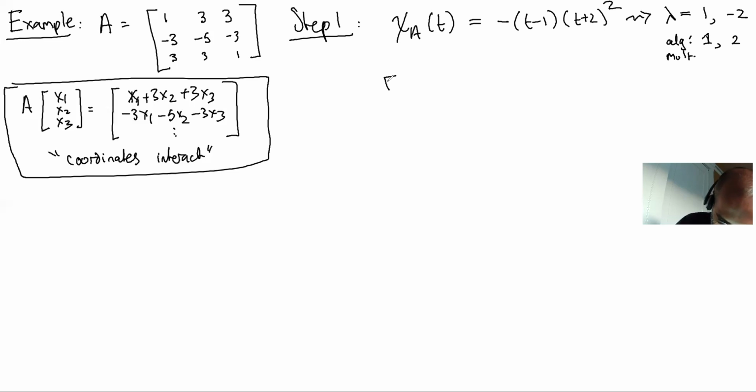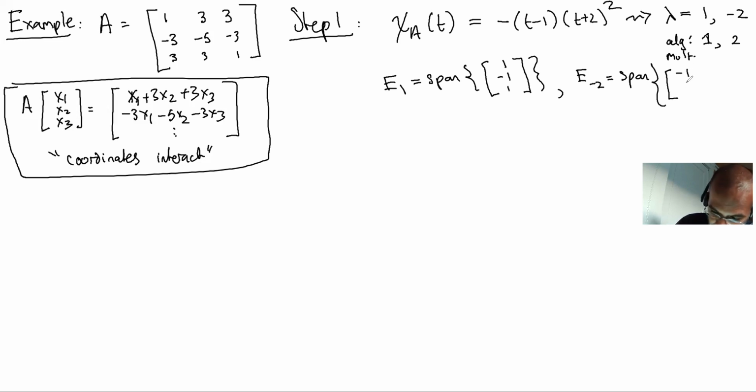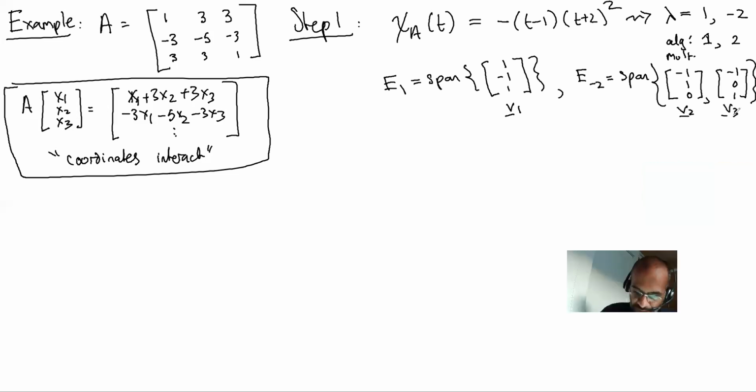And then we also computed the eigenspaces. E1 was the span of this, and E minus 2 was the span of some two vectors. Let's call these V1, V2, and V3. Now in this example, the dimensions of the eigenspaces, the geometric multiplicities, are what? The dimension of this is 1, and the dimension of this eigenspace is 2, which actually match the algebraic multiplicities.